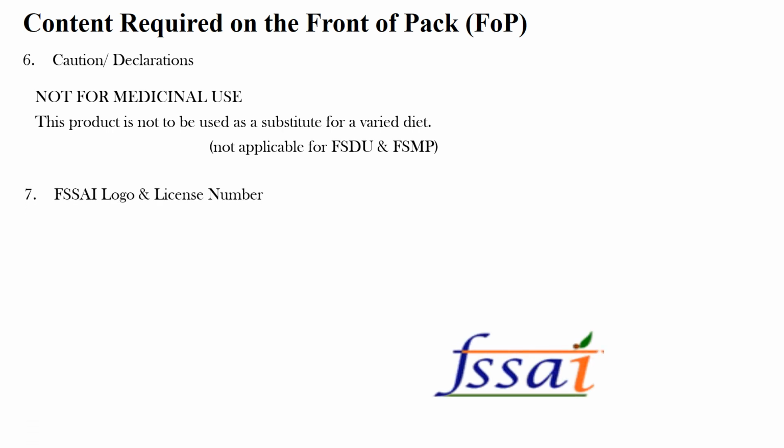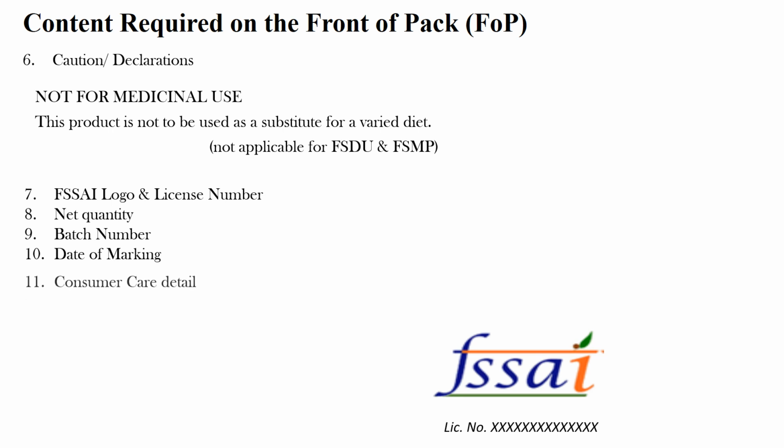The next information is about the FSSAI logo and license number. In addition to this, you have to give other information like net quantity, batch number, date of marking, means date of manufacture and date of expiry or use by date.